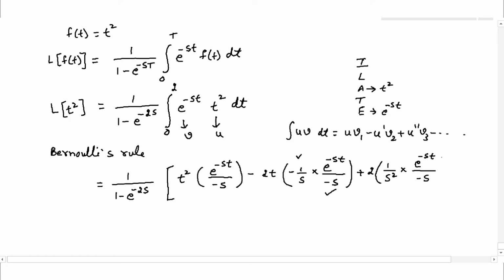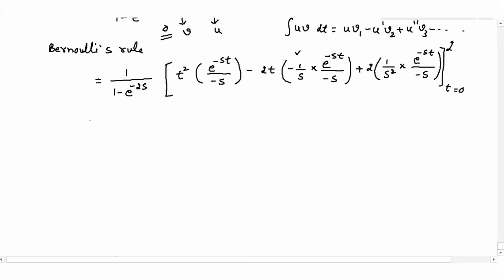Because this 2 has become a constant, further differentiation of 2 becomes 0, so you have to stop the Bernoulli's rule, and the limit values that we have are t equals 0 to 2.